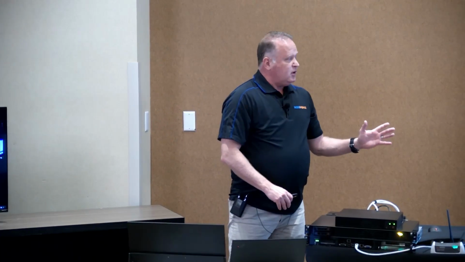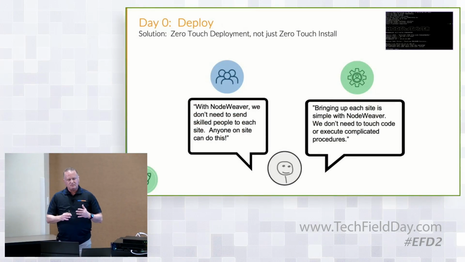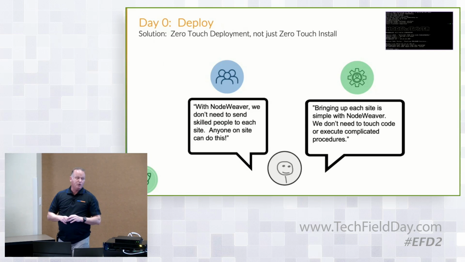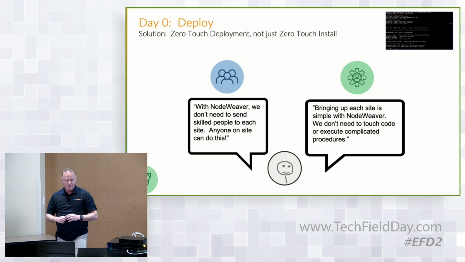So, getting close to the end here, in the economics of the edge, of course, acquisition cost is a big consideration, and we help with that. But as Carlo mentioned in the previous segment, we're focused on optimizing the entire life cycle. So the soft costs associated with deployment are also a major component, and enabling sites to be deployed in minutes by local unskilled staff is a big cost savings.